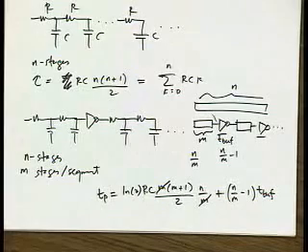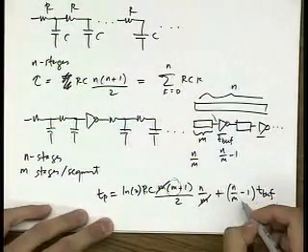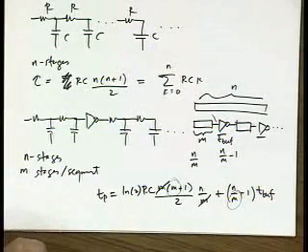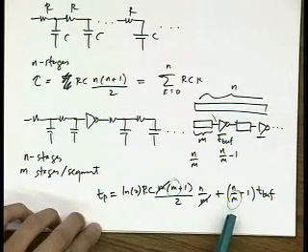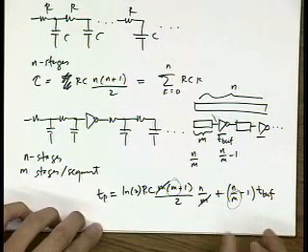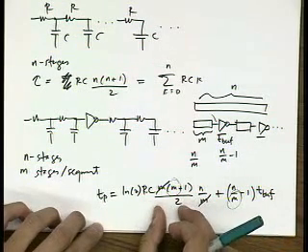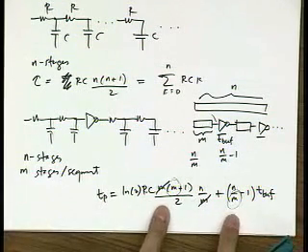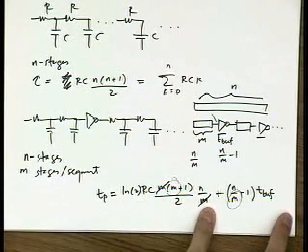As you can see here, this one depends on m, this one depends on 1 over m. So what happens if I have a larger m? I have fewer buffers, but larger segment delay. If I have a smaller m, I have less segment delay, but more buffers.